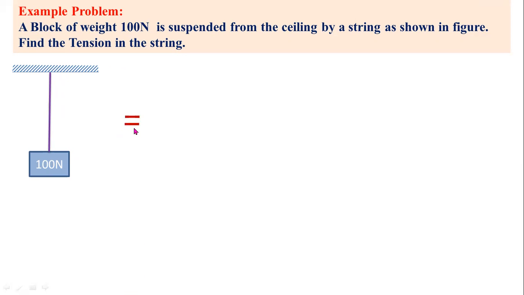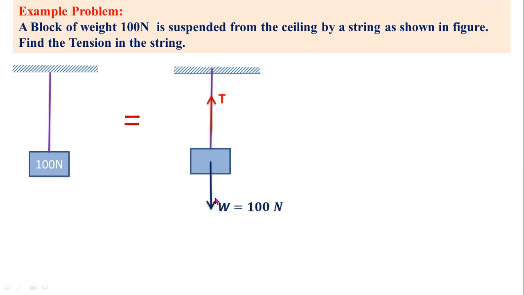Already we discussed previously that the self weight of the body always acts vertically downwards. This is the self weight of the body.